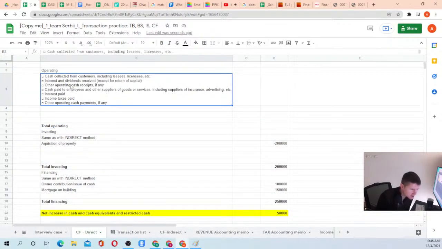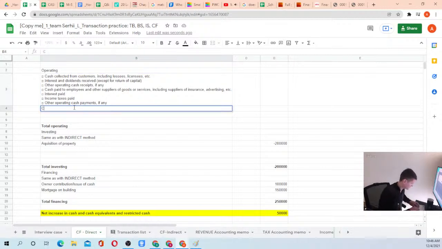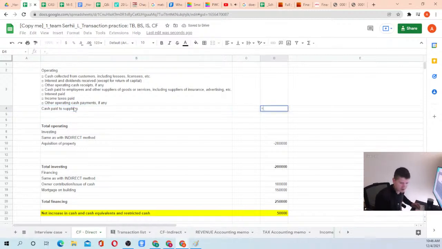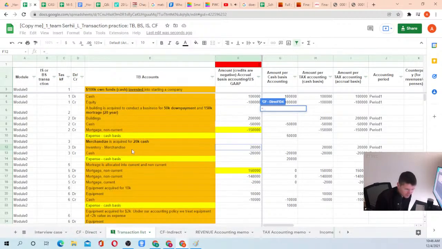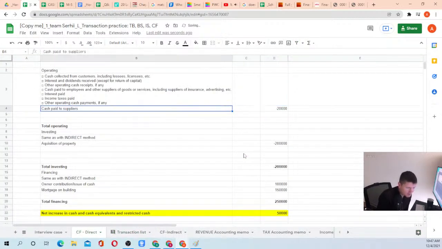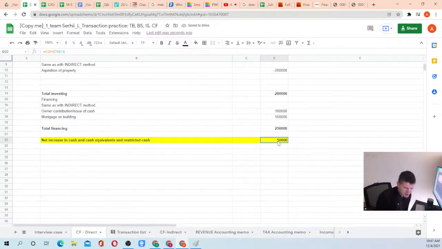This is cash paid to employees and other suppliers. Let's call it cash paid to suppliers. And in our case, that will be 20,000 cash outflow. Okay, we paid cash to suppliers.